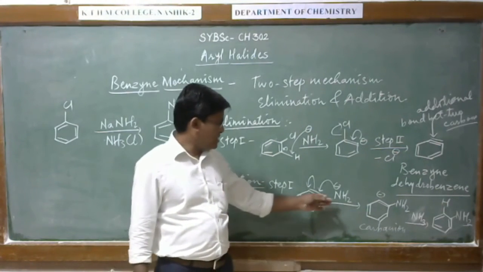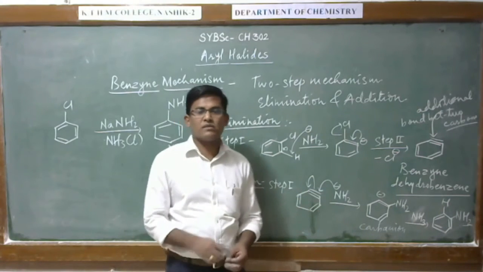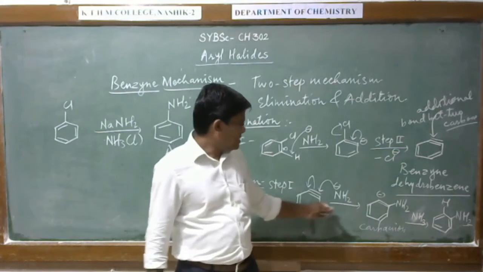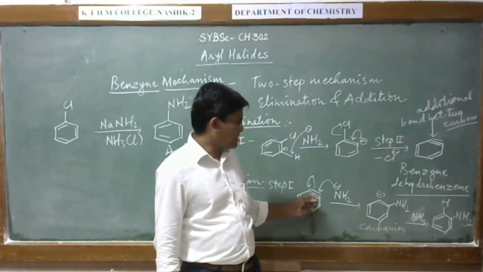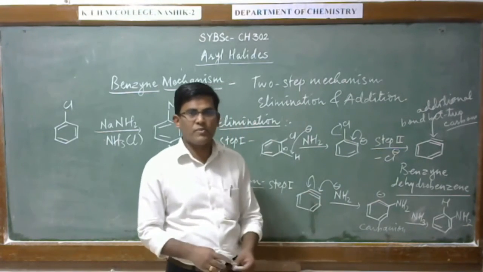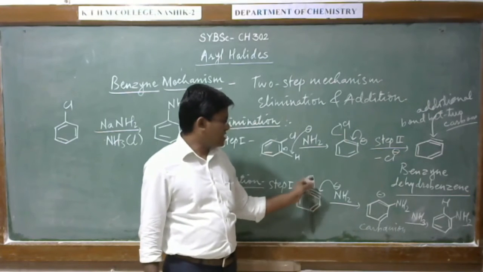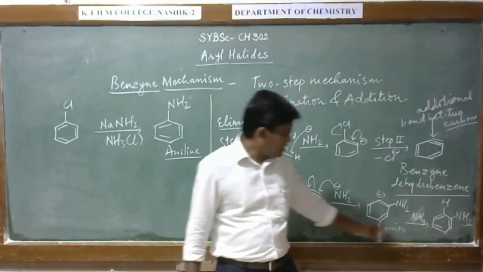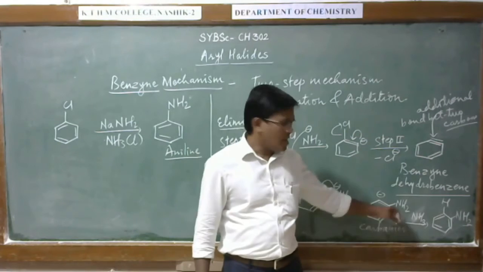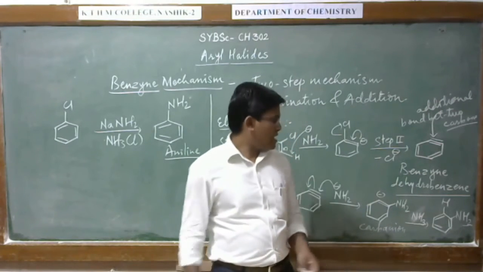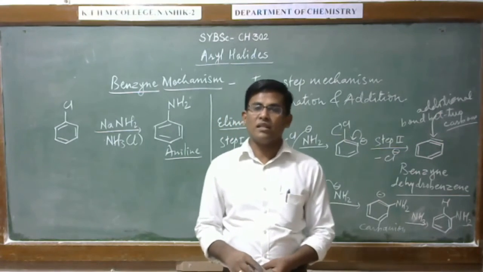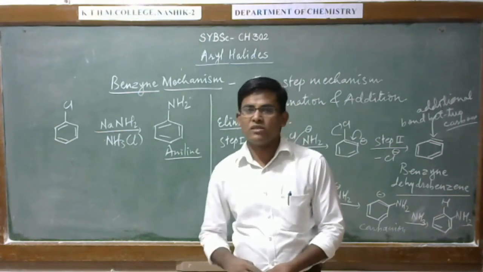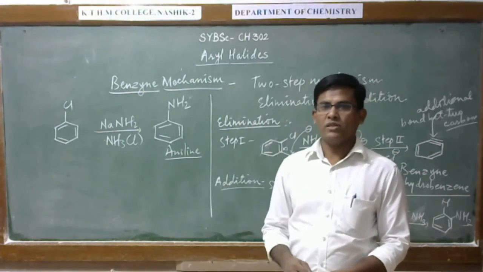In the first step, this benzyne reacts with amide ion, and this amide ion gets attached to one of the carbons of the benzyne, and this bond breaks, and this carbanion will form. Finally this carbanion will attract this proton from ammonia to give the aniline. So this is how the benzyne mechanism works.